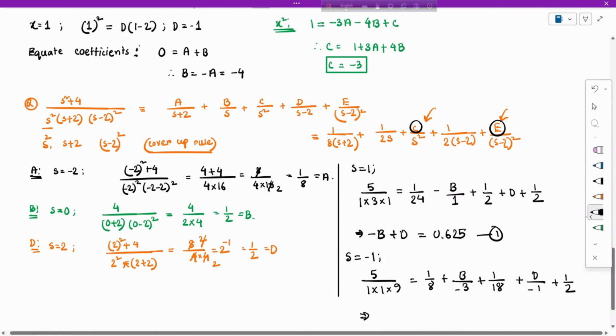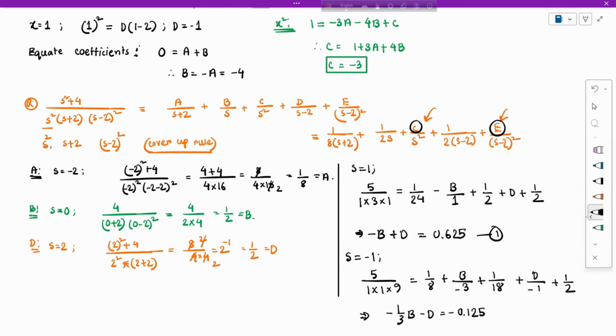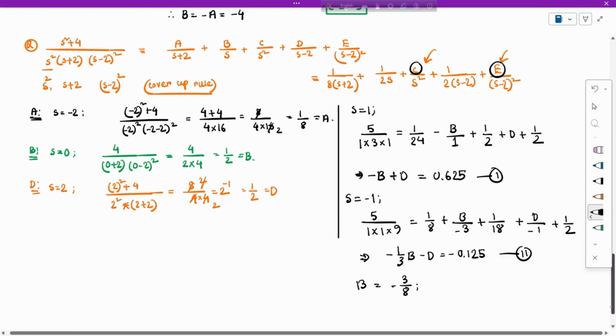So the final equation is going to be minus 1/3 of b minus d is equal to minus 0.125. Alright, so solving these two equations will lead to the values of b equals -3/8 and d equals, sorry, we're finding the values of c and e, right? So this is going to be c and e.